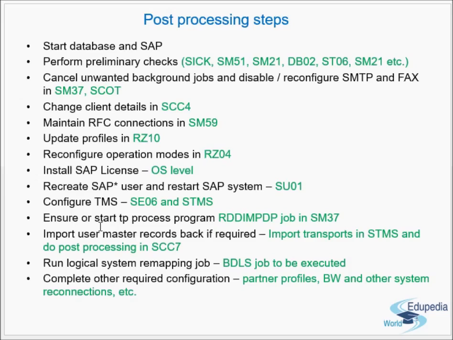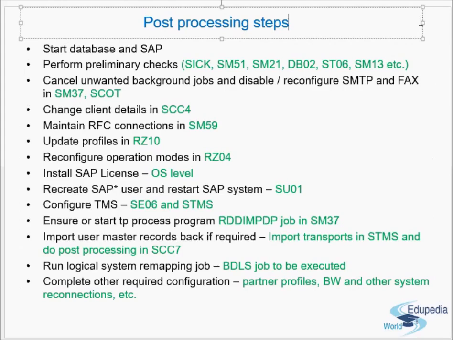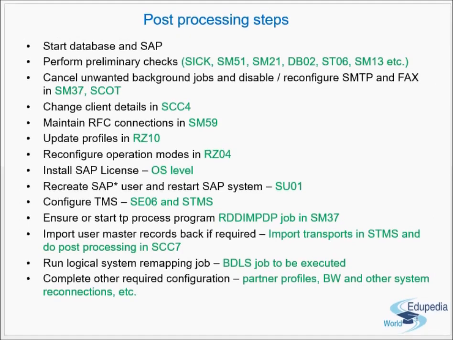The SAP OS collector also needs to be started. This is not SM21 but SM13, where the update should be active. Whatever you are willing to check, you check here. So you do all the preliminary checks after starting SAP.